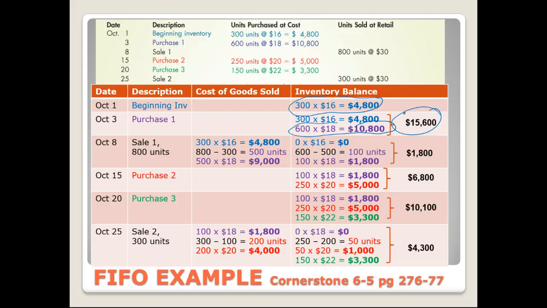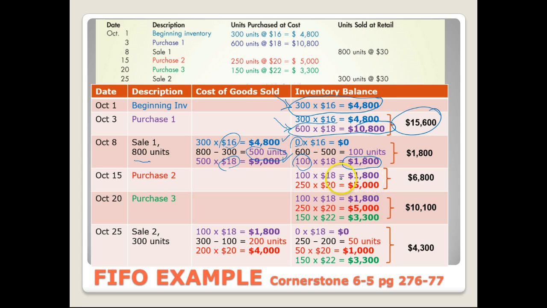On the 8th, we made a sale of a total of 800 units. 300 came out of the first in group at $16 a pop, but I still needed 500 more units, so I went into the next group at $18 a pop, and I came up with 4,800 plus 9,000 for my cost of goods sold. Then I had to figure out the inventory balance. I had 0 left of my $16 units, and I had 100 left of my $18 units, so I was left with 1,800 in inventory.